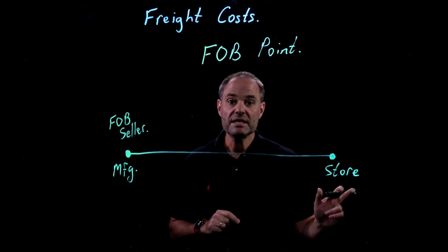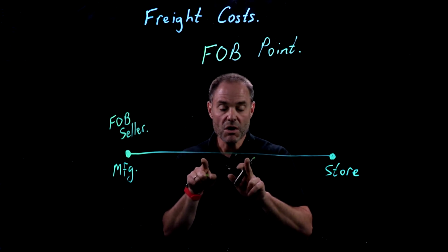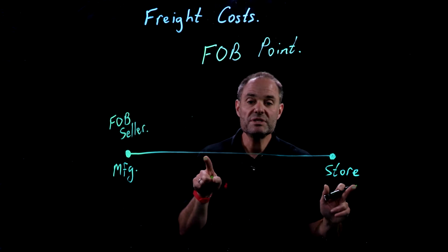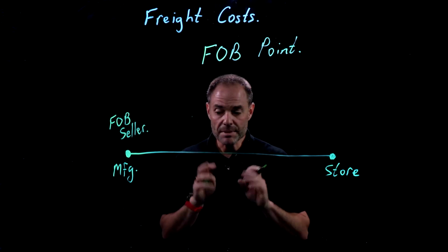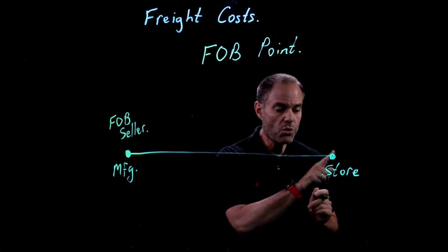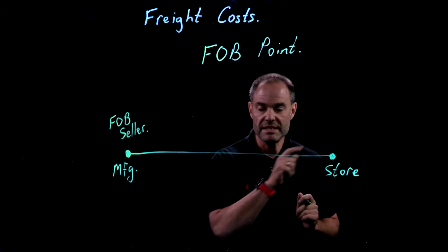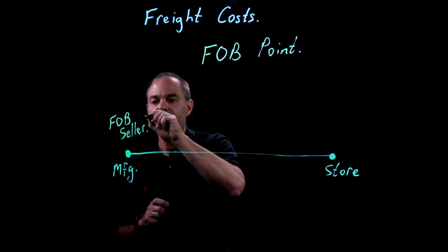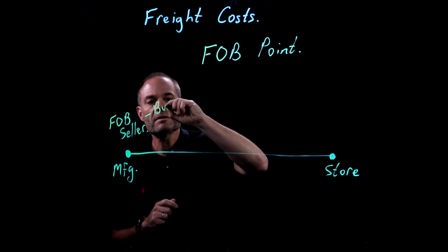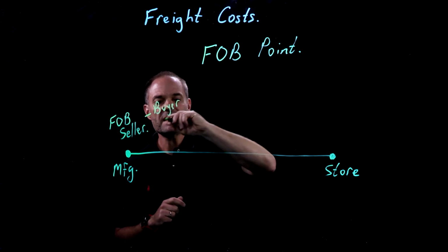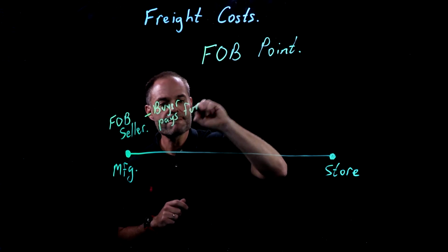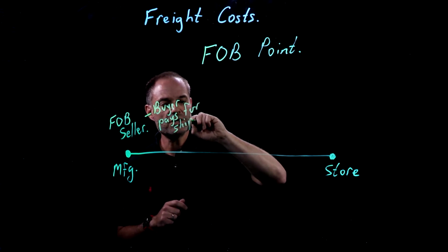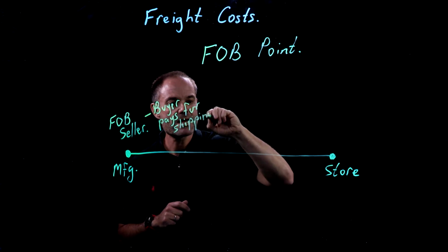The buyer owns it. If something happens to it en route, they owned it, and it's their problem to deal with, essentially. But more importantly, because they own it during this period of time, it means that the buyer pays for shipping. If you own it, you have to pay to ship it.